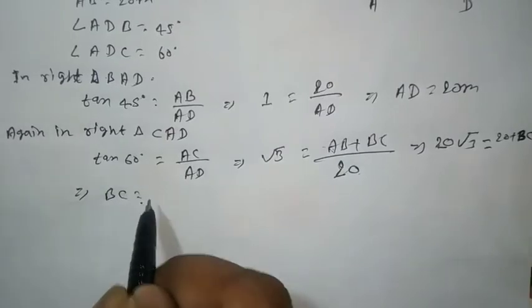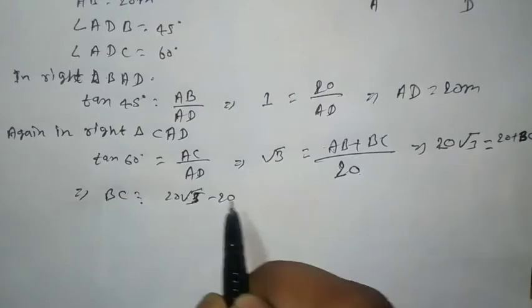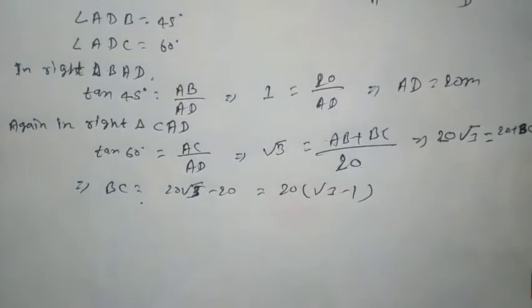Implies BC is equal to 20 root 3 minus 20, which is 20 common, root 3 minus 1.